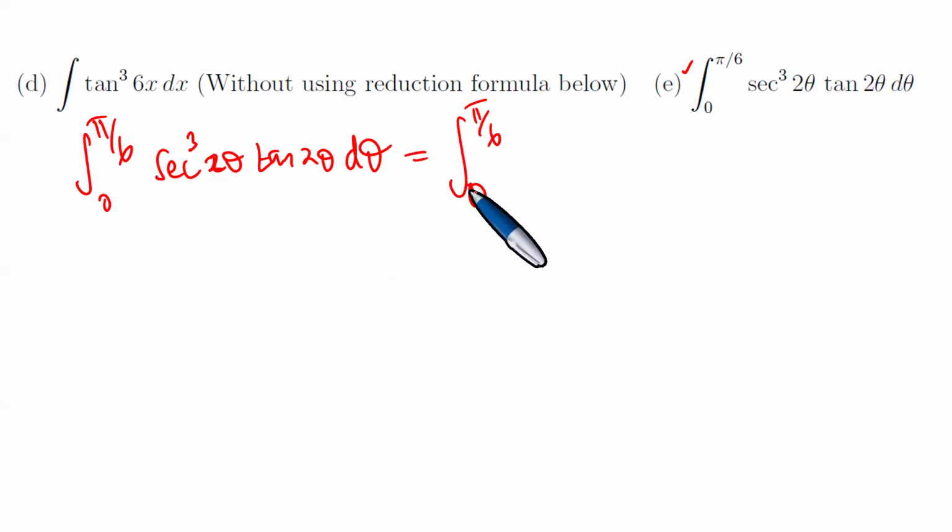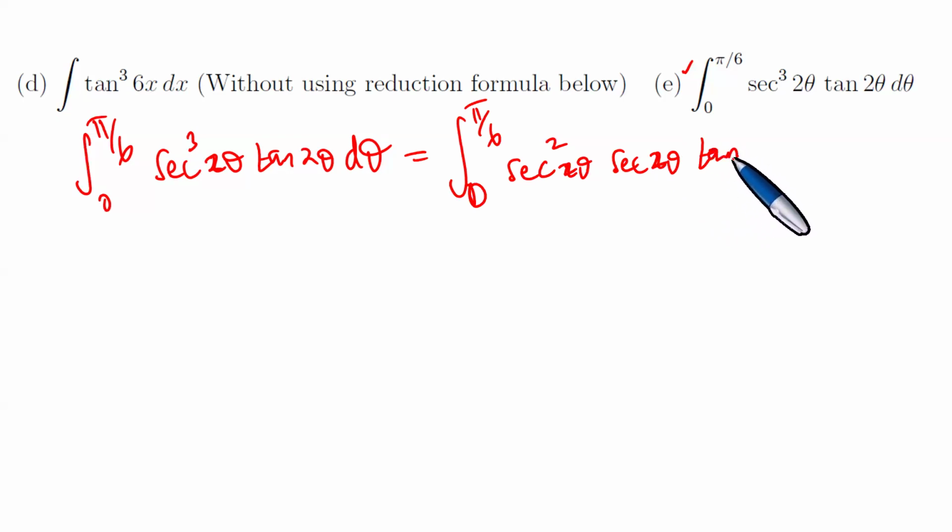This is just one way. So the cube can be broken down to a square and that, which is the tangent of 2 theta d theta. Right, so, okay, we have that.